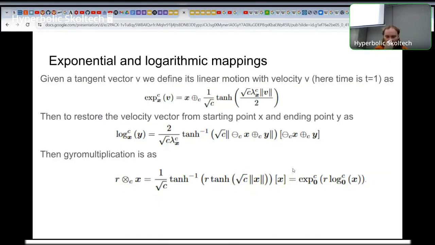Actually, I'm trying to clarify the exact connection. Here it probably should be the square of the speed of light. It would make sense if C is the square of what we call the speed of light. For example, the Minkowski metric, right? Yes, C should be the square of the speed of light here.